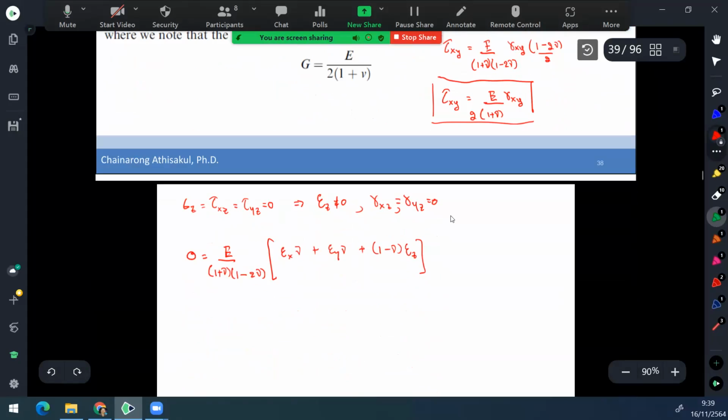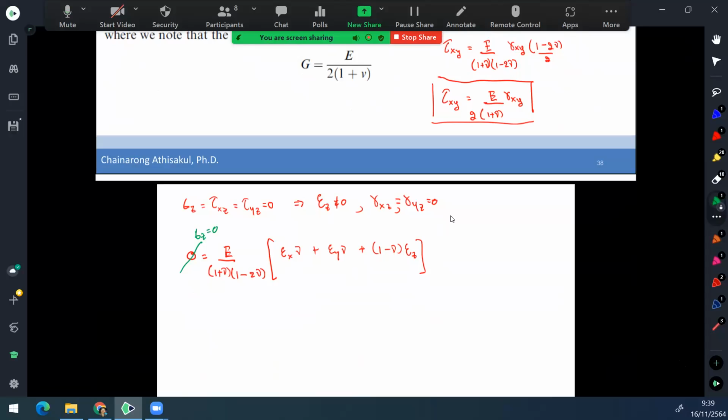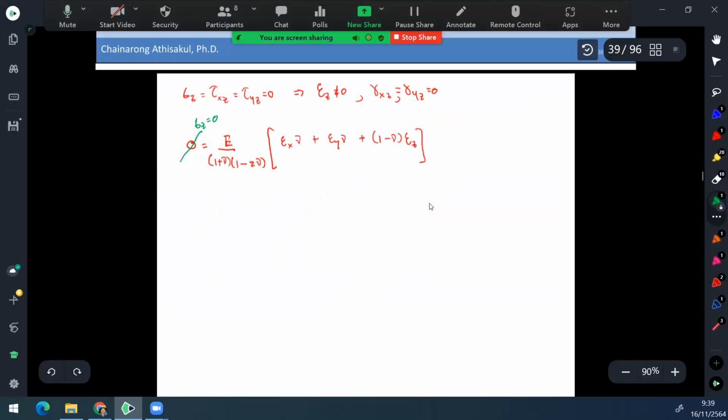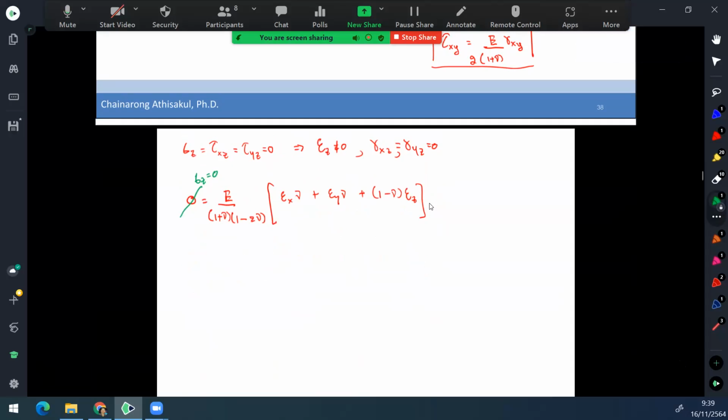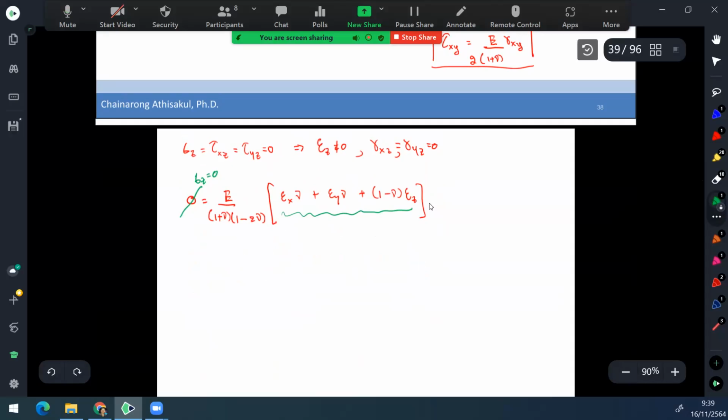And for the plane stress problem, we define that sigma c is small enough, so we set it to be 0, right? So according to this condition, what does it mean? It means that this term should be 0, that is epsilon x nu plus epsilon y nu plus 1 minus nu epsilon c becomes 0, right?